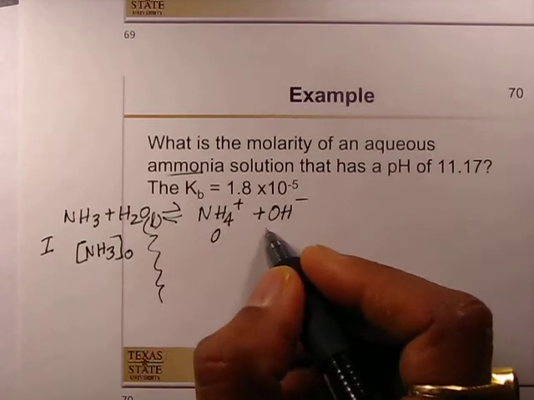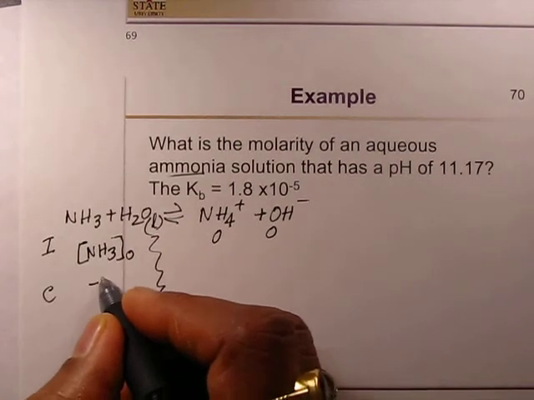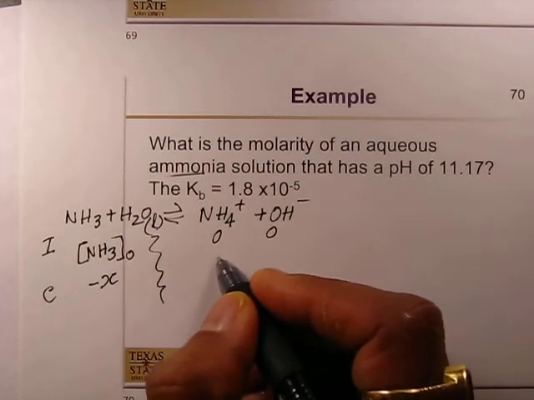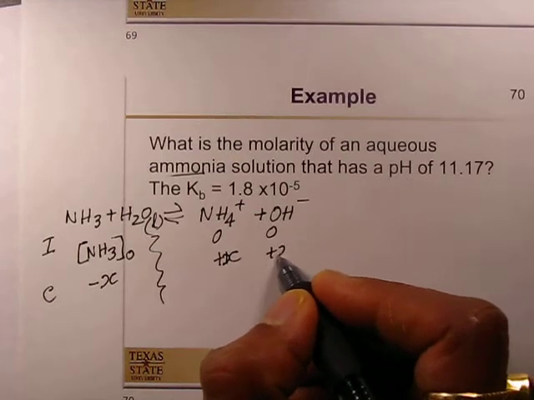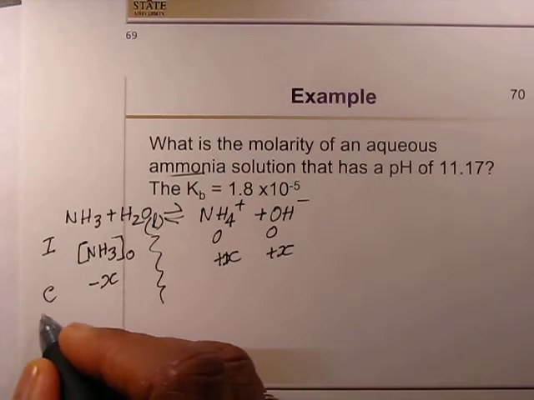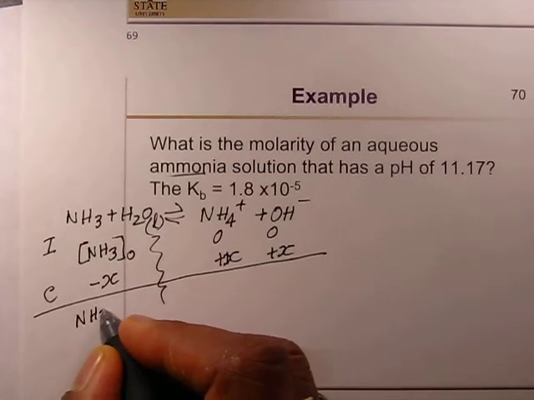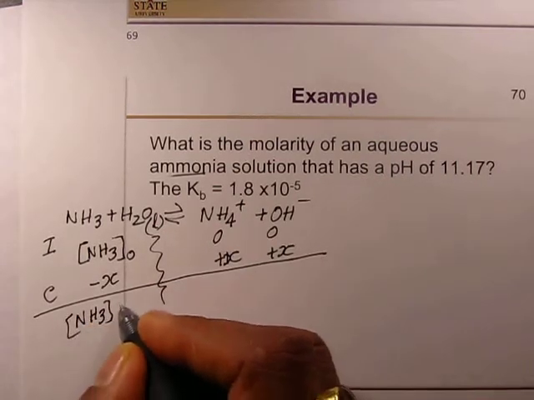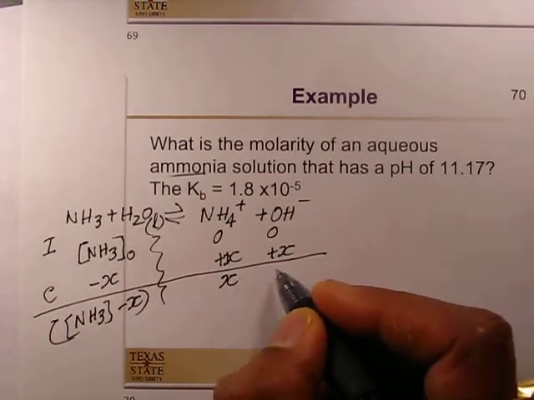The product will be 0 concentration, and the change will be minus x and plus x and plus x. So the equilibrium concentration will be ammonia minus x, and x and x.